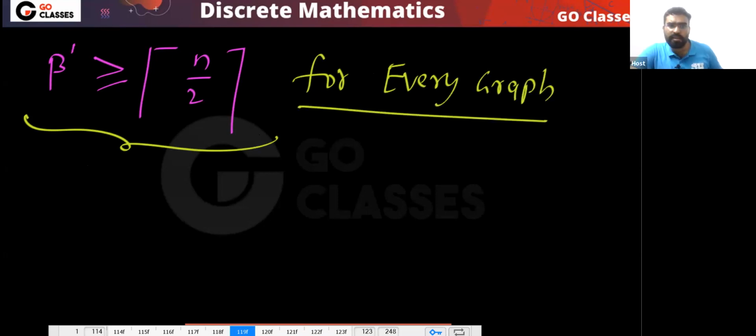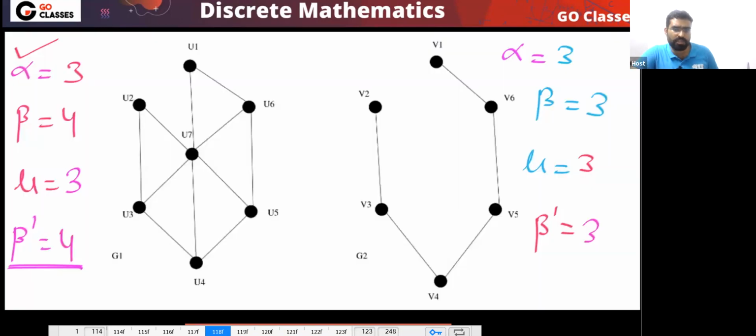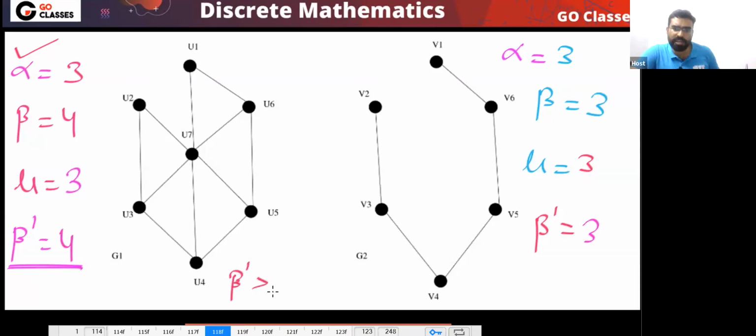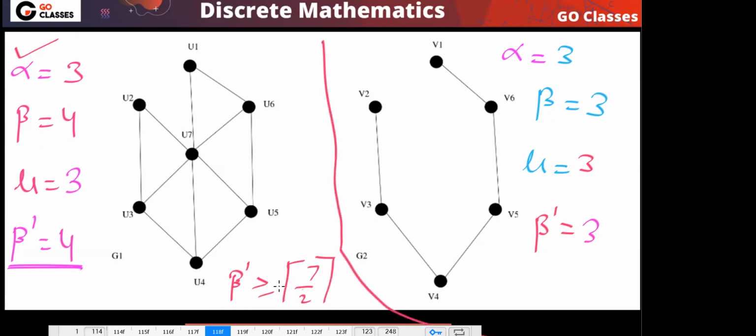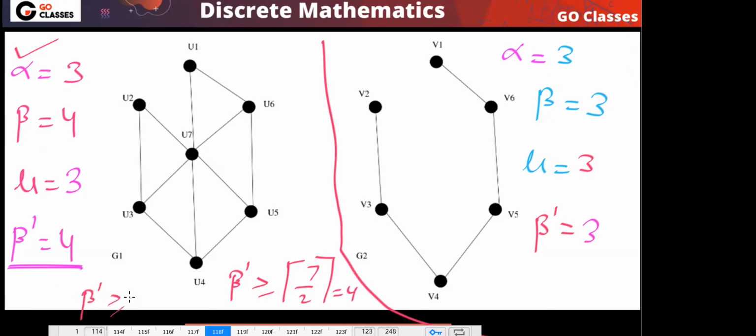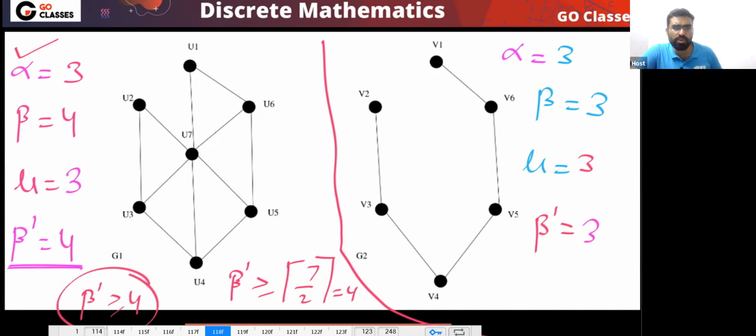Here also, beta dash will be greater than or equal to ceil of 7 by 2. That means beta dash will be greater than or equal to 4.